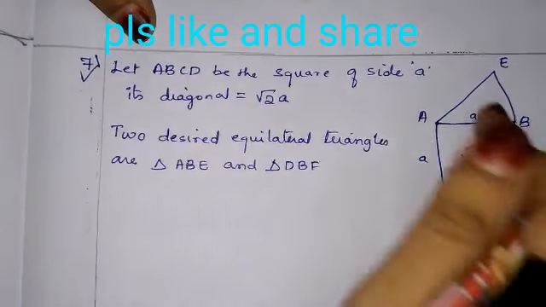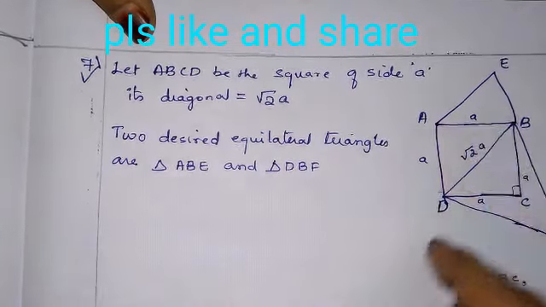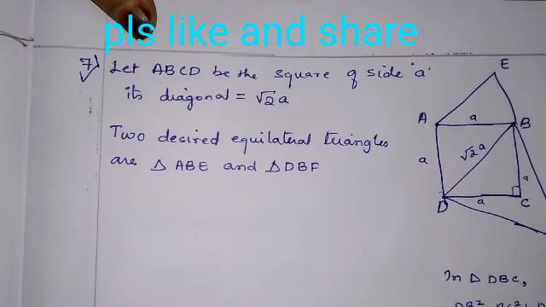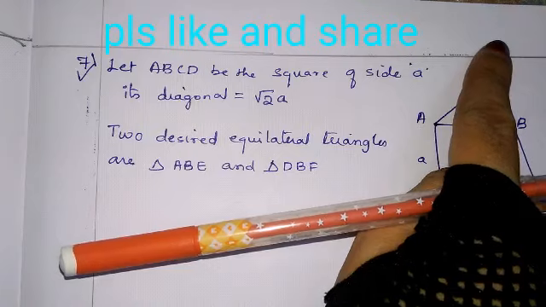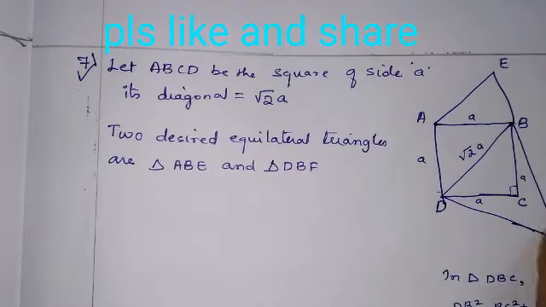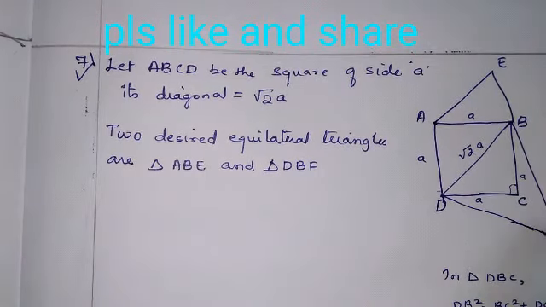These are the two equilateral triangles. One is on its side and one is on its diagonal. Now what they have told, how they are related. We have to prove that the area of ABE is half of the area of DBF. We have to prove this.